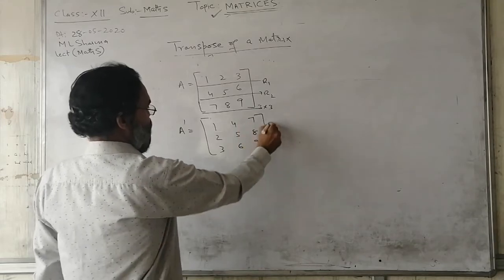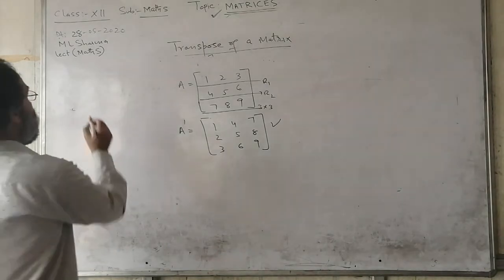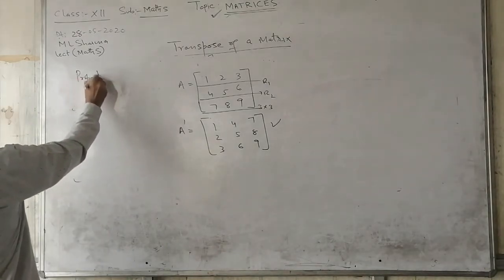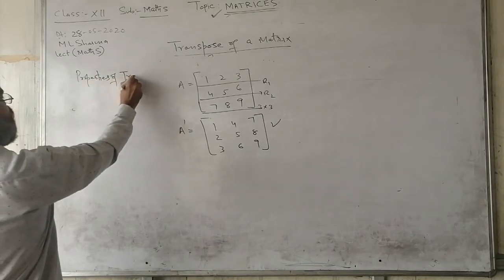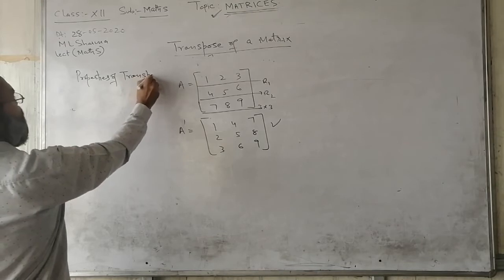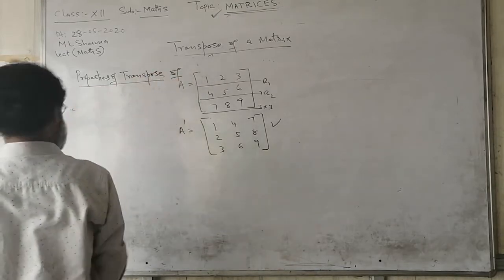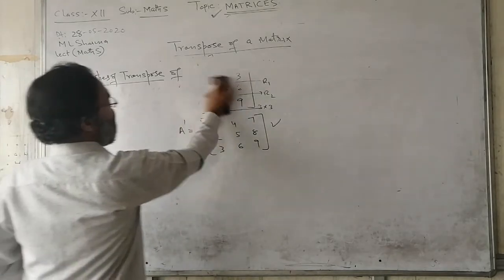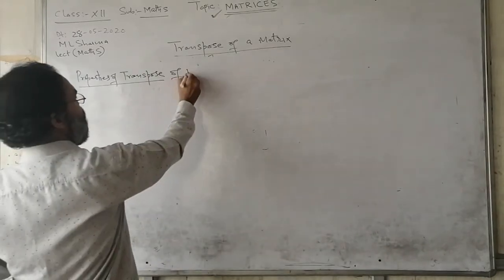So in this way we find the transpose of a matrix. Then properties of transpose of a matrix. So what are the properties of transpose of a matrix?